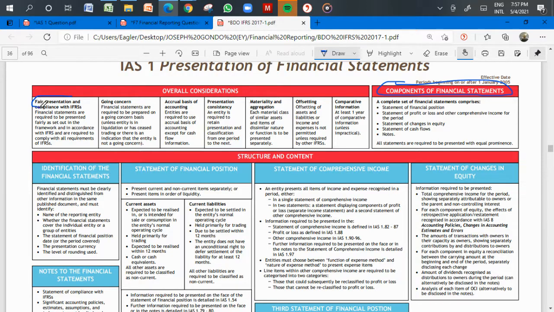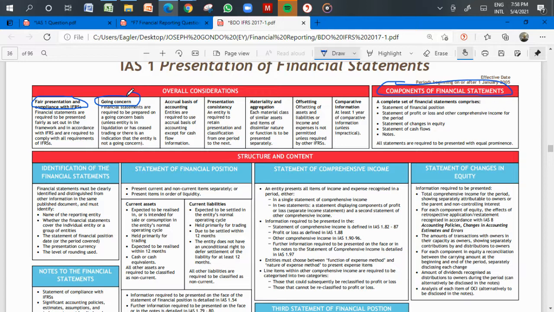Another thing you can go through is the disclosures. The first note should be about whether the financial statements are in compliance with the requirements of all IFRS. That's another option. Then we know that the financial statements are prepared on a going concern assumption.